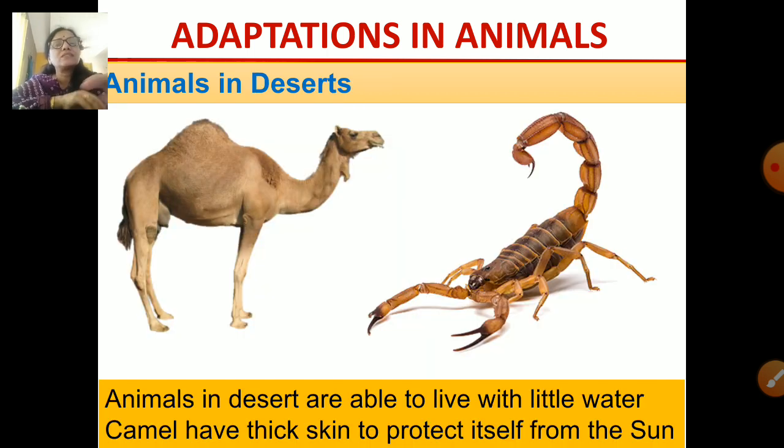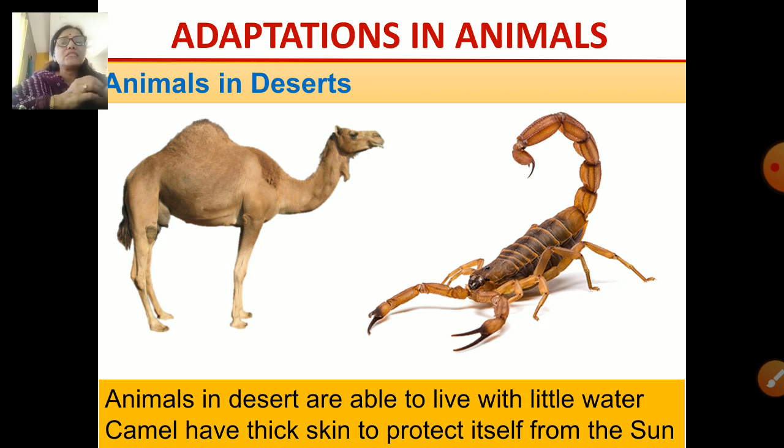Right, children? See here. This is animal which is found in the desert, right? You know, and in the desert the nights are cold while the days are hot, and also the water is very less in the desert.